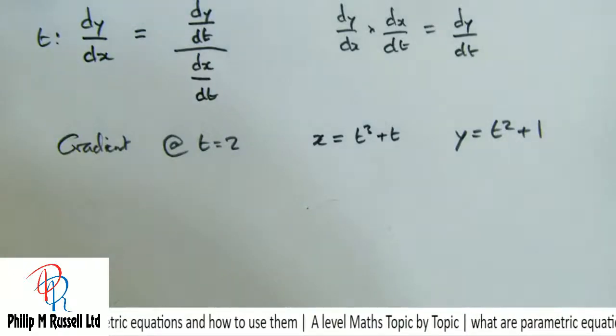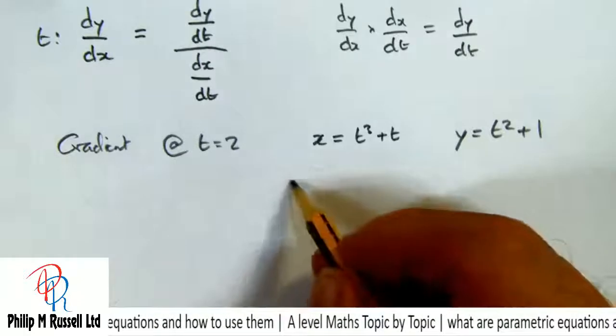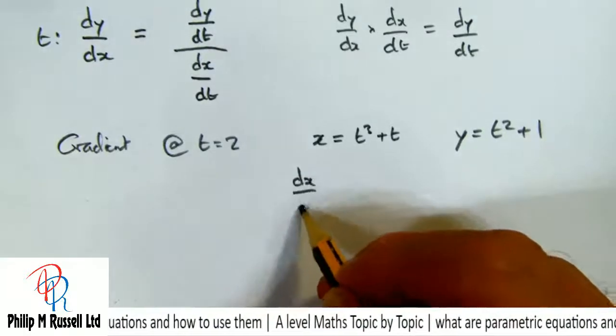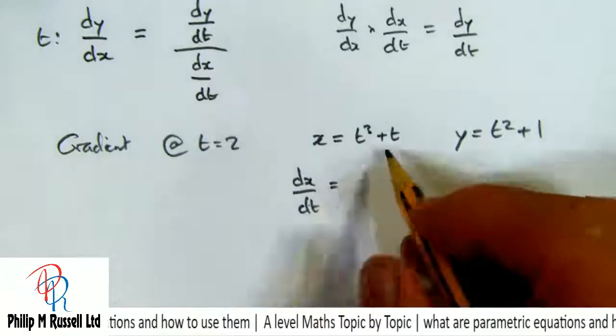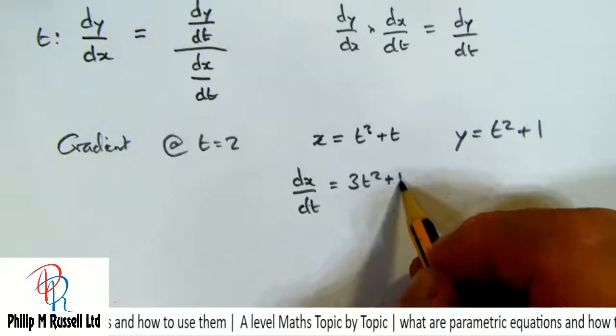Where do we start? Well, let's work out what dx by dt is, and that's going to be 3t squared plus 1.